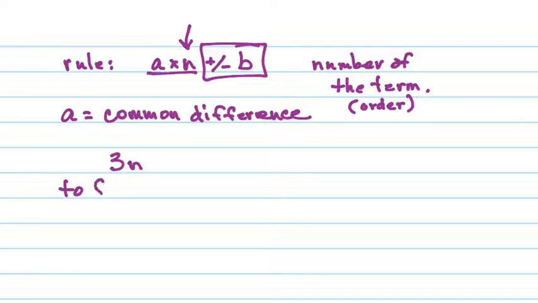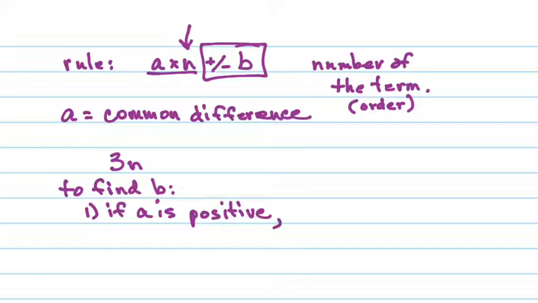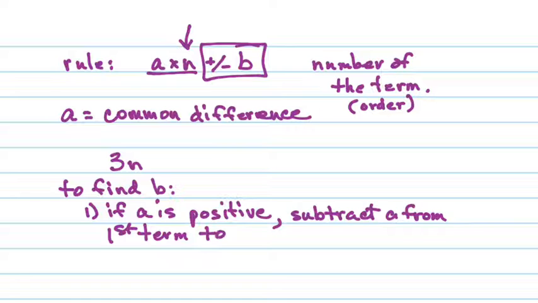To find B, first, if A is positive, because remember we have negative and positive numbers. So if A is positive, subtract A from the first term to get B.